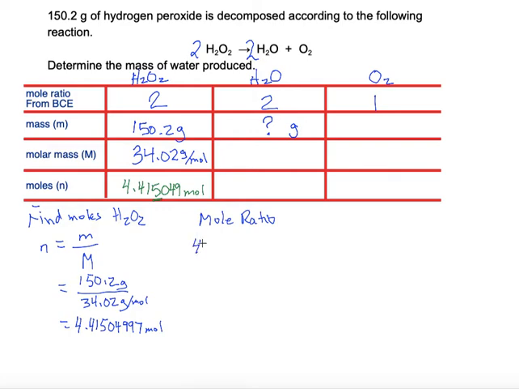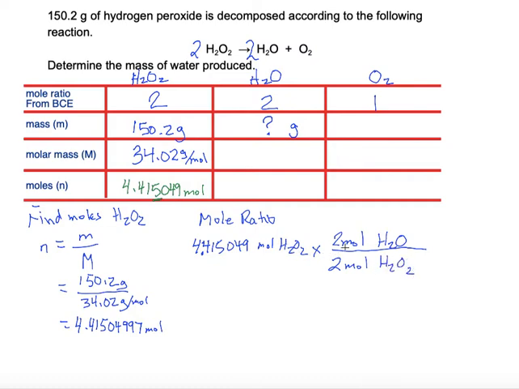So we would take our moles, 4.415049 moles H2O2, and then we're going to divide by that relationship where that mole ratio is, and that's 2 moles of water. We always want the one we're trying to find on top, dividing by 2 moles H2O2.